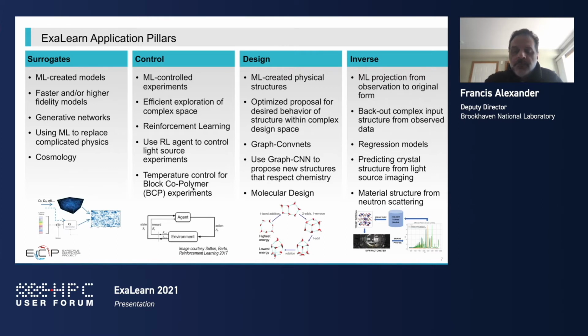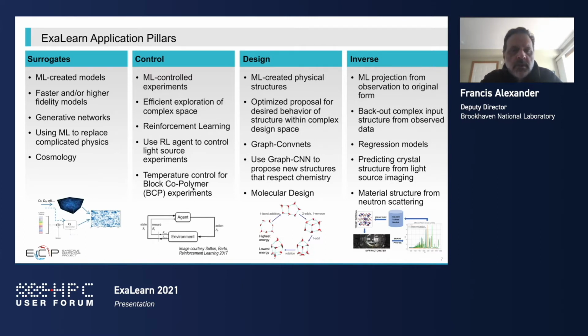For control, we have a number of projects, but the idea is to use machine learning to actually control experiments as they are being carried out. And this is becoming much more popular, not just within the DOE, but elsewhere as well. So we're building a lot on methods in reinforcement learning and applying that to agent-based control of light source experiments.